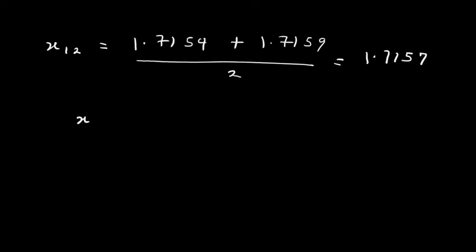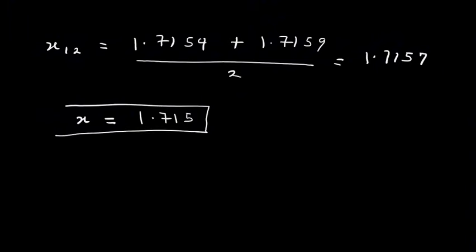So x is equal to 1.715, because the last three x values that we got all have 1.715, so we can truncate the fourth decimal place. So the final answer is x is equal to 1.715 to 3 decimal places.